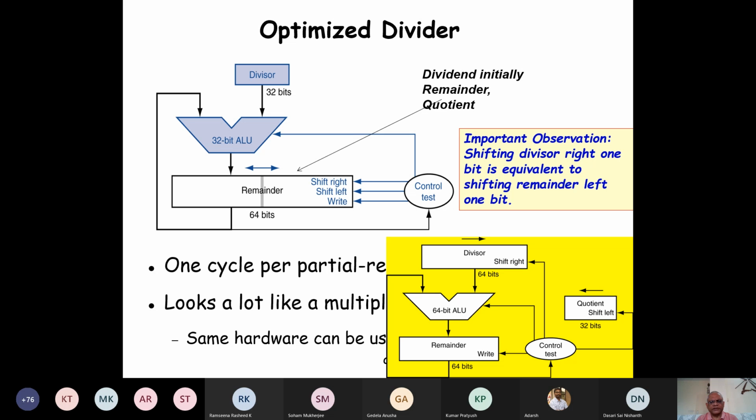But there we are doing shift right and write enable operations because sometimes we are writing, sometimes not writing, and so on. And therefore, these two extras, shift right and write, are there because we will use the same hardware for multiplication as well.